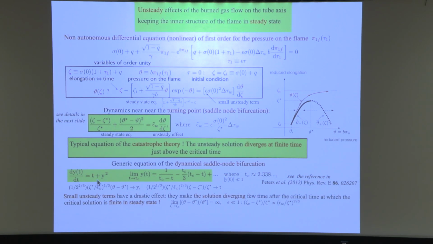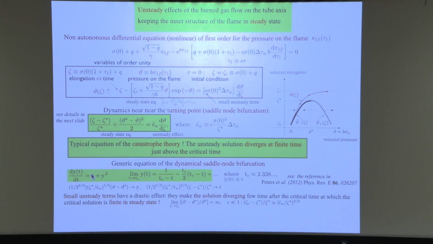Assume that y is going to infinity, which will be shown in detail. So forget about this term. And when you integrate this equation, you divide by y squared. On the left-hand side, you have the derivative of 1 over y. And on the right-hand side, dt gives you t.